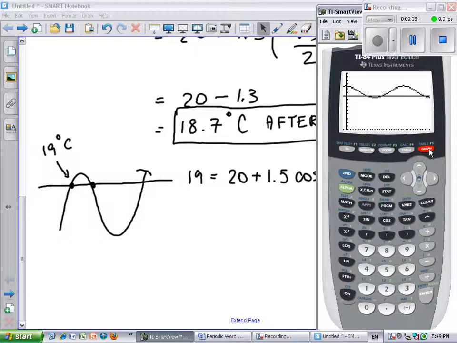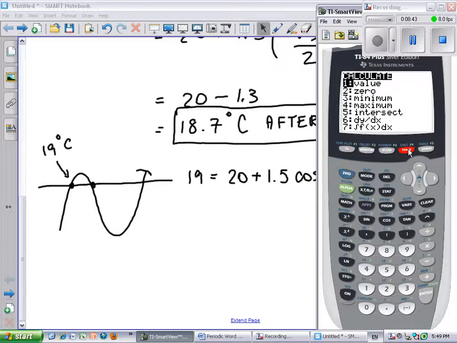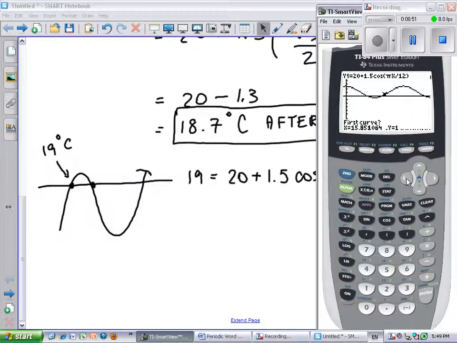So we've done this before. You press second function, calculate, and this is a point of intersection. So go to number 5, enter. Take this cursor to the left of one of those points of intersection. I'm going to find this first one over here. So notice I'm on the left of that point now. I press enter once.